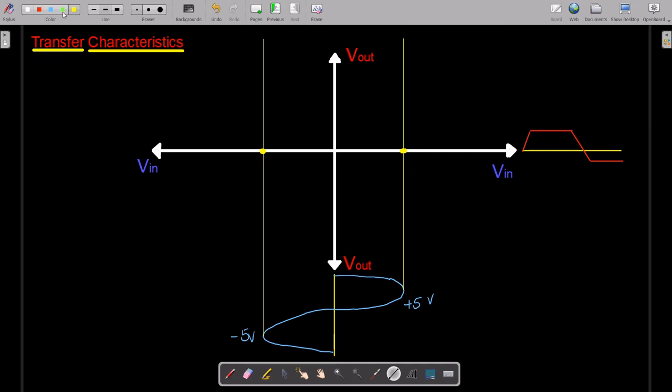So again we'll draw the projection line. So this is plus 3.7 volts and this is minus 2.7 volts. Okay, let me just draw everything and mark those points.